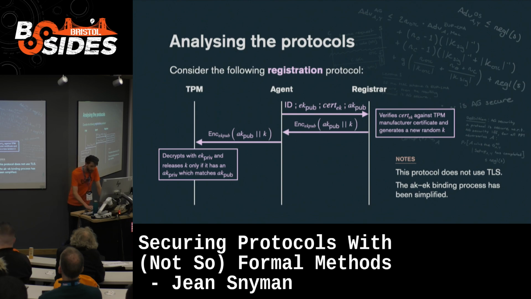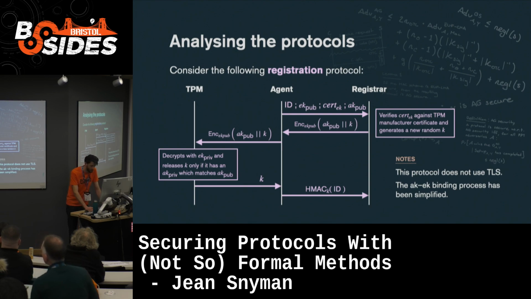Only if that check passes does it release the K value to the agent. Then the agent performs an HMAC of its ID using K as the key and sends that to the registrar. Now the registrar can be certain that the AK and EK are resident within the same TPM. Okay?